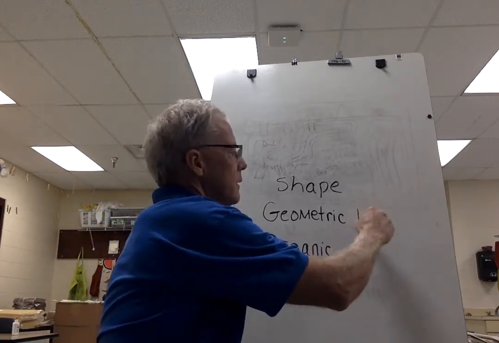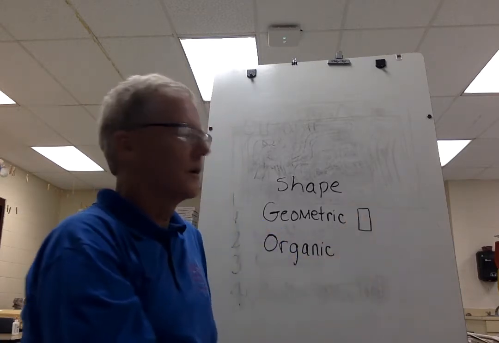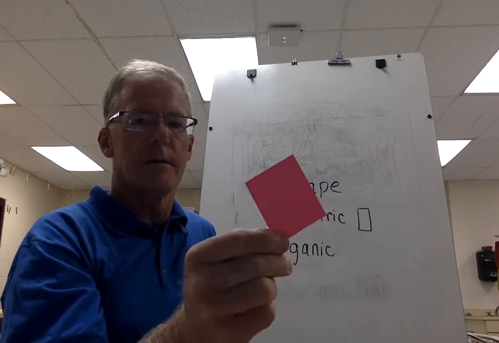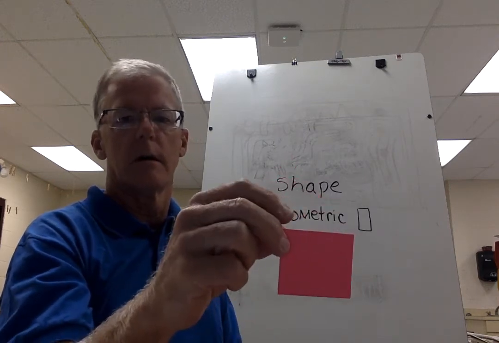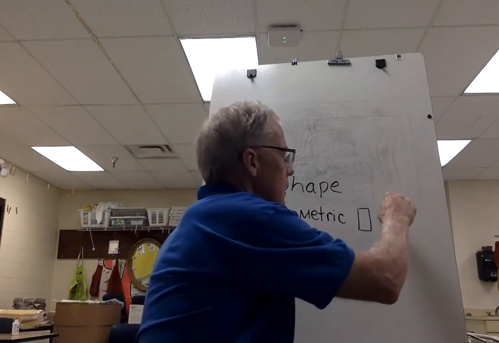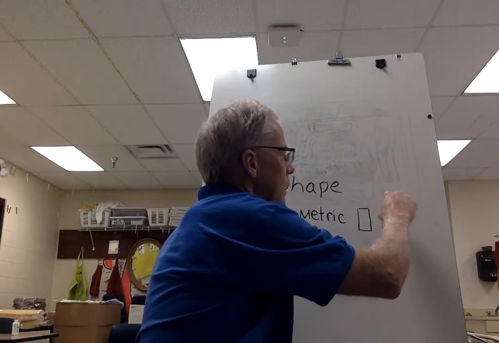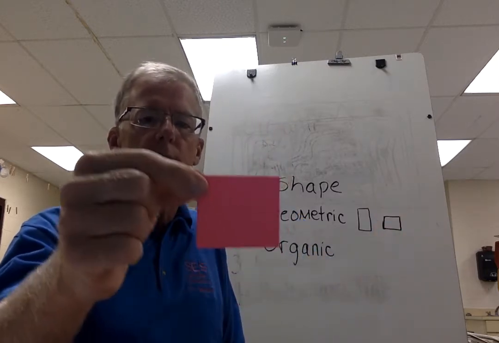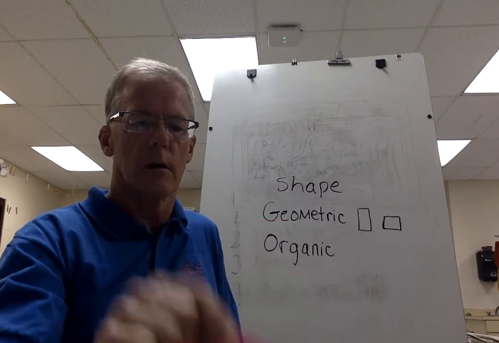Yes. It goes in the geometric. What shape is this? Yes, it's a square. A square. Where all sides are equal. I'm not sure all sides are equal on this one, but it's a square.